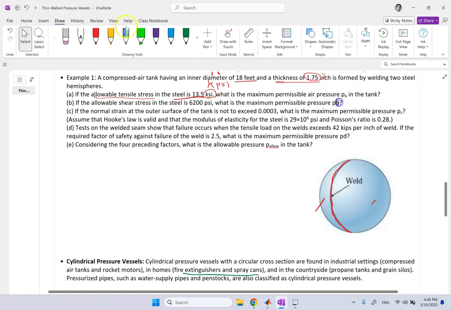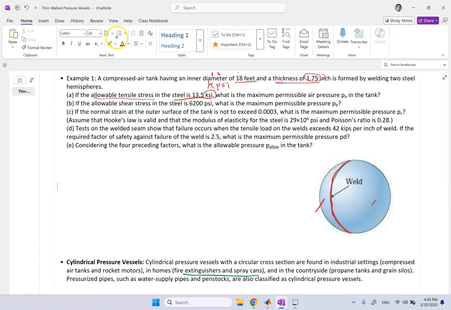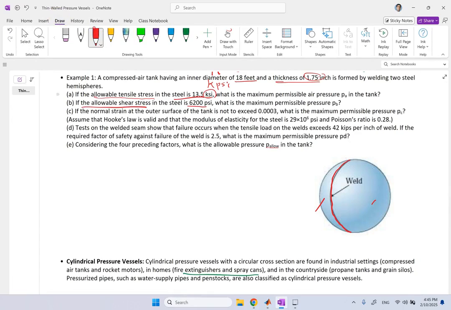Okay, so that is part A. And then part B says, if the allowable maximum shear stress in the steel is 6,200 psi as opposed to 13,500, how much is the maximum pressure due to that? Call it P_B.